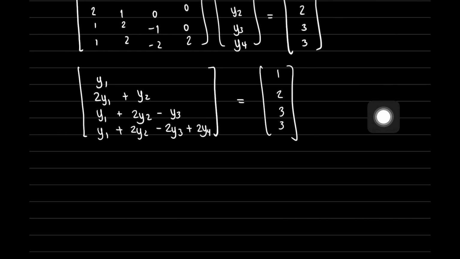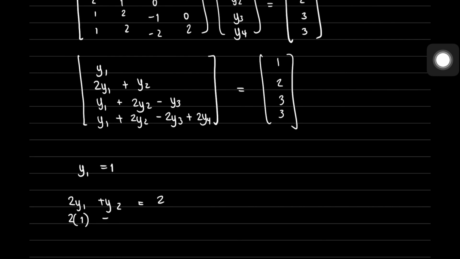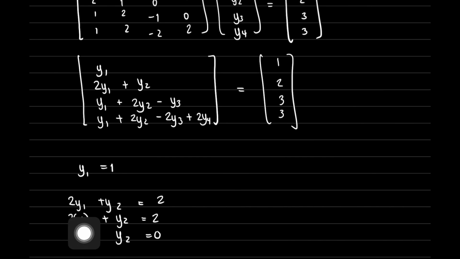So the first unknown that we can solve here is y1, because that's equal to 1. So y1 is equal to 1. And solving for y2, we have 2y1 plus y2 equal to 2. We're going to equate this to its corresponding element here. So 2 multiplied by 1 plus y2 equals 2, or basically y2 is equal to 0, because if we transpose it, that is negative 2, and 2 minus 2 is equal to 0.